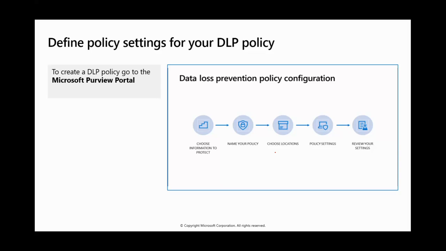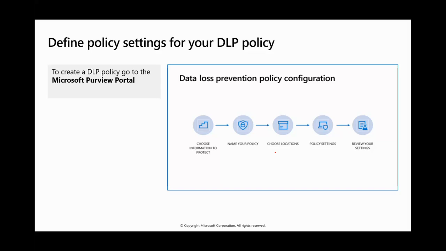So now that we chose what we want to monitor, we're going to choose where we want to monitor. We can pick one or more locations that we want this DLP policy to monitor and look for sensitive information. Again, we already chose what, we already chose where.